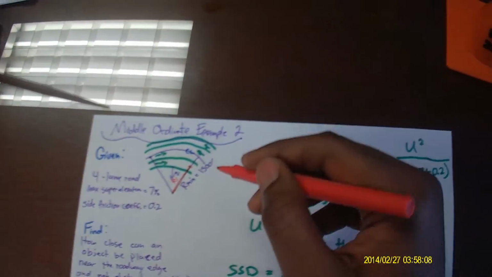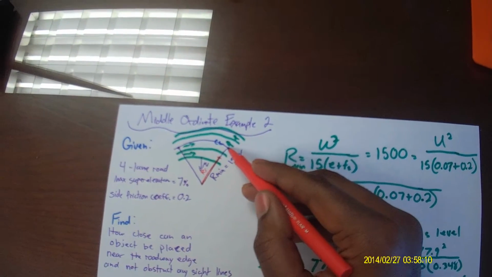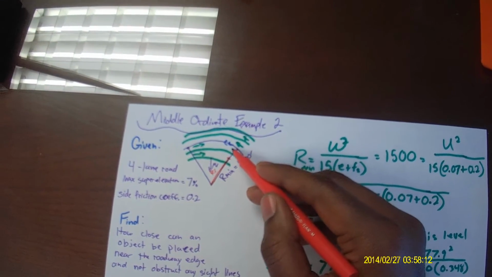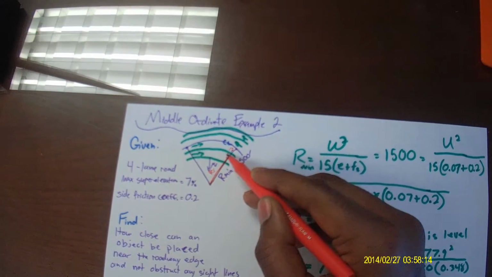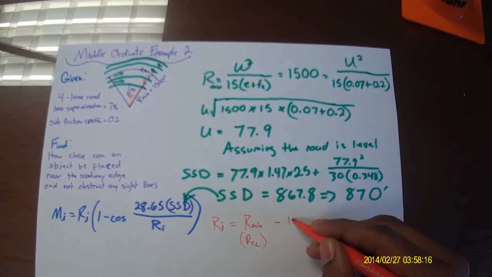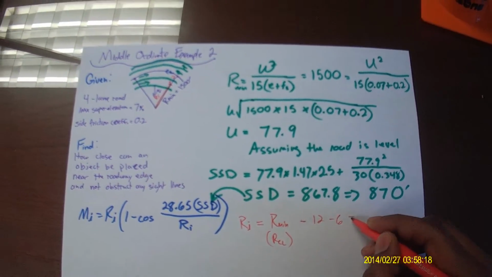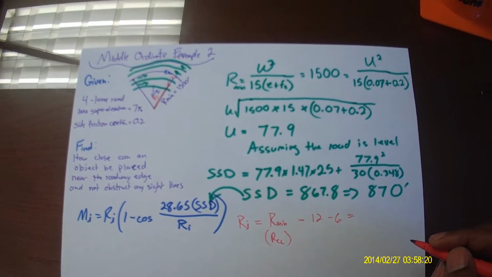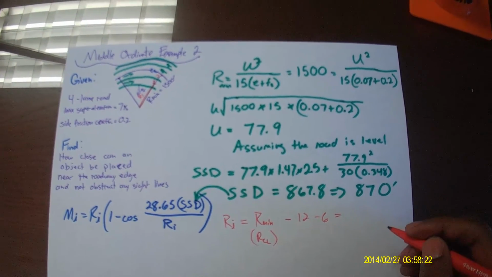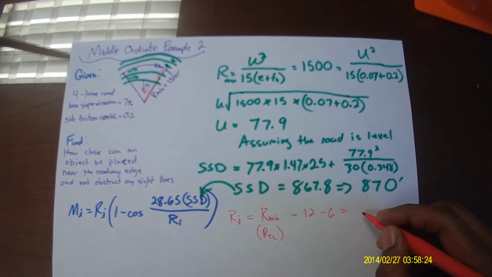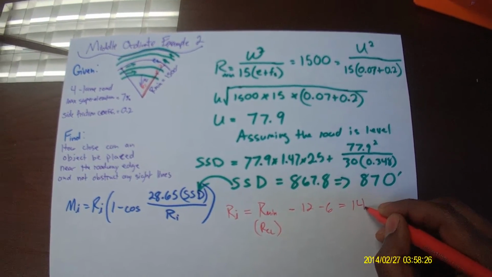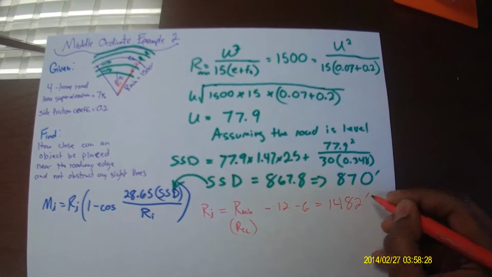Well, if we look up here, we see that this is where my R min is. I need to subtract 12 and 6 here. So minus 12 minus 6, and I end up getting that my R sub I is equal to 1482 feet.